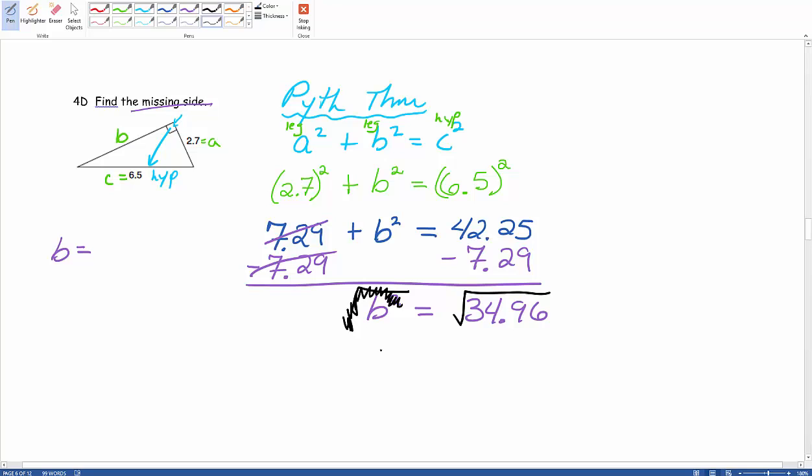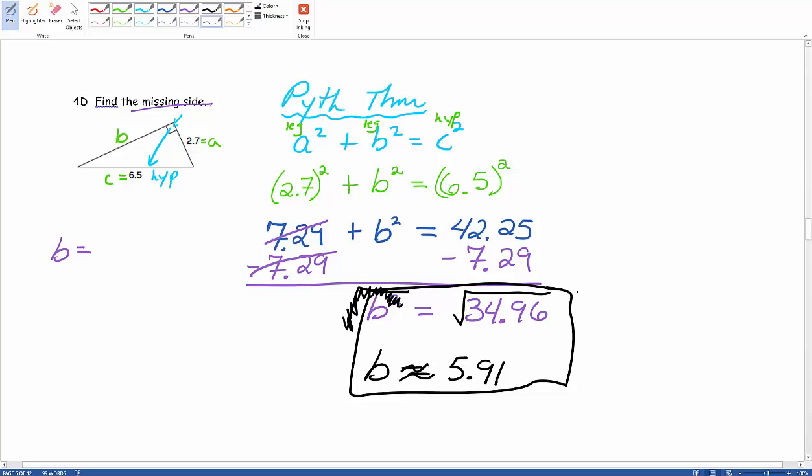Leaving us just our b variable that we were hoping for equals the square root of 34.96, which also comes to be about 5.9 or 5.91 if you want to leave your answer like that. But for the sake of our test, either of these two answers are perfectly acceptable. Again, though, that is our Chapter 1 target for D.